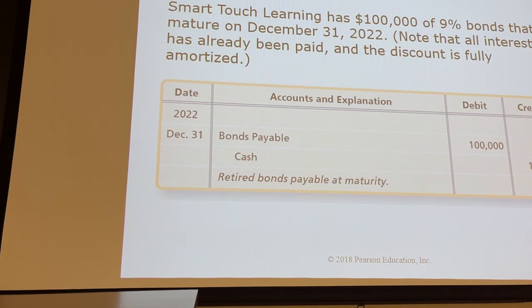All we have to do is the reverse of what we did when we first issued the bonds, assuming that we were issuing them at face value. So we debit bonds payable $100,000 to remove them from our balance sheet. We credit cash $100,000 for the cash that we're paying back to the investors on the maturity date.